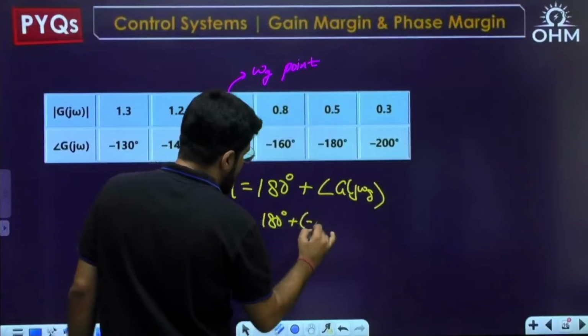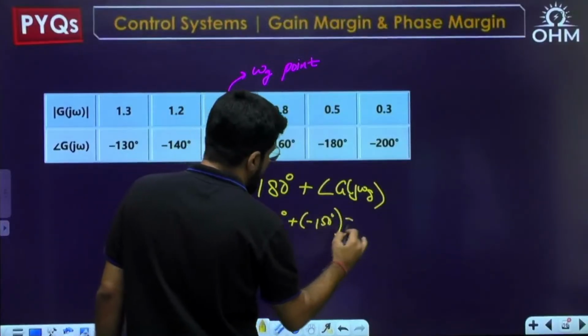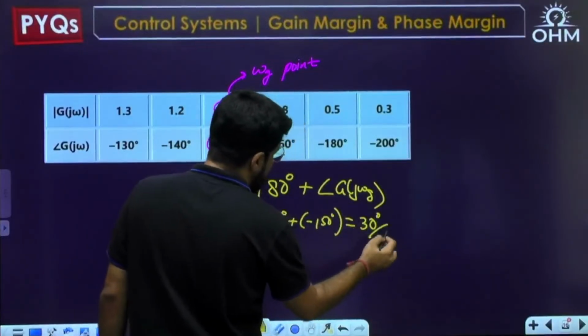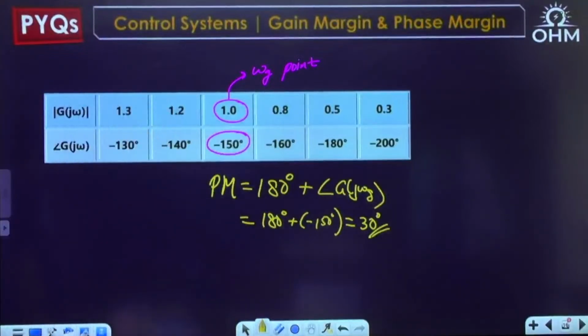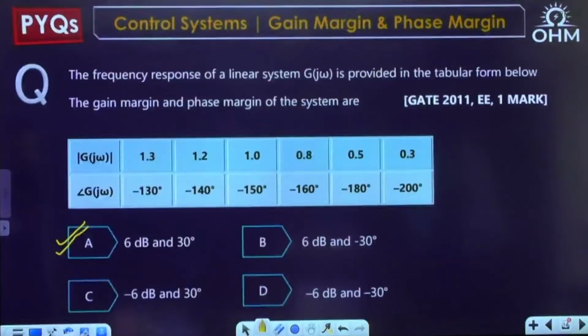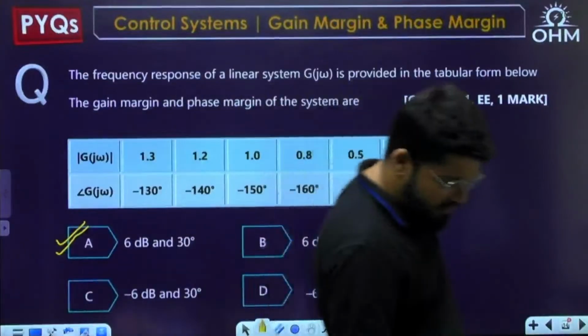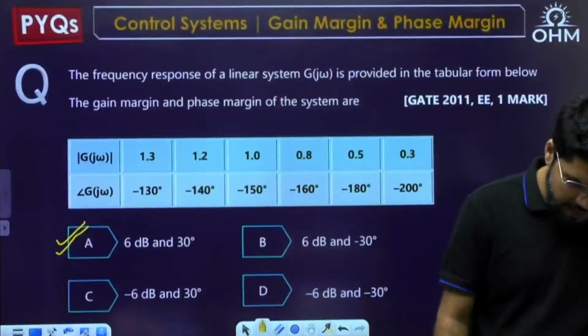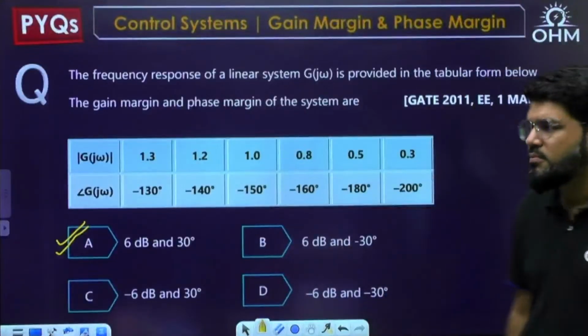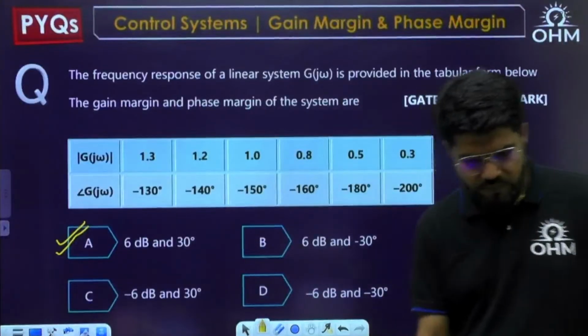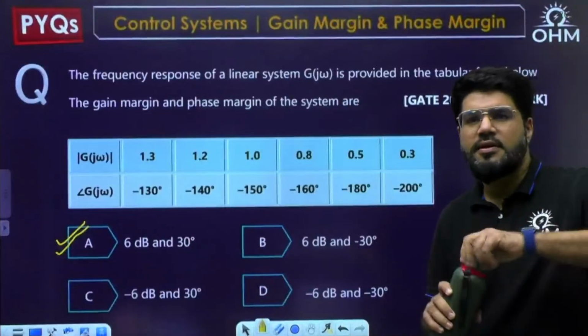So 180 plus minus 150 degrees gives a phase margin of 30 degrees. So it is 6 dB and 30 degrees, option A.